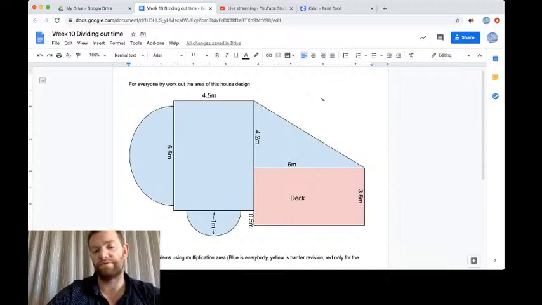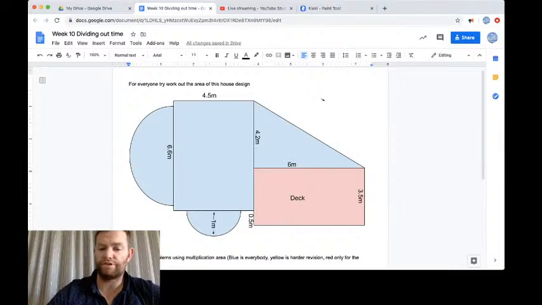You would subtract the 0.5 from this 3.5, which gives you 3, and add it to the 4.2. I'm not going to tell you the exact number there; you should be able to figure that out. 3.5 minus 0.5, then add 4.2 will give you the length of this side here.